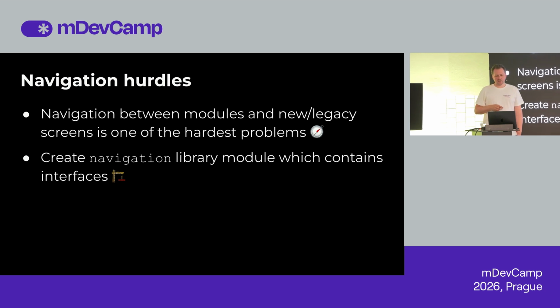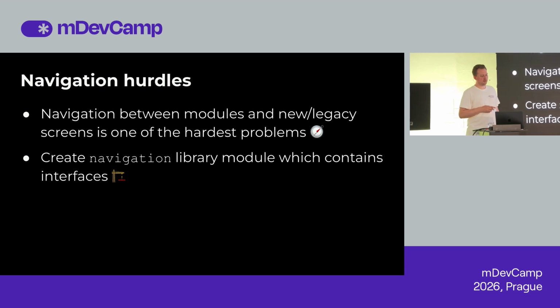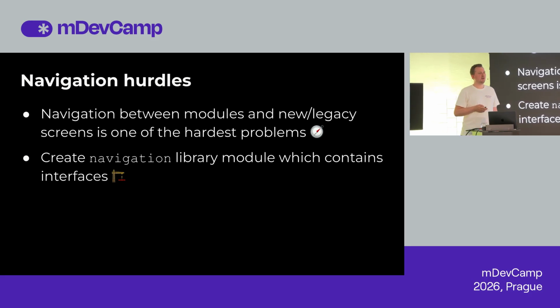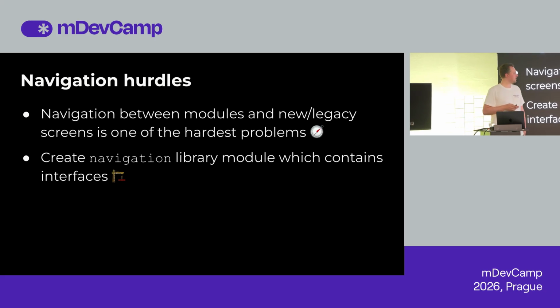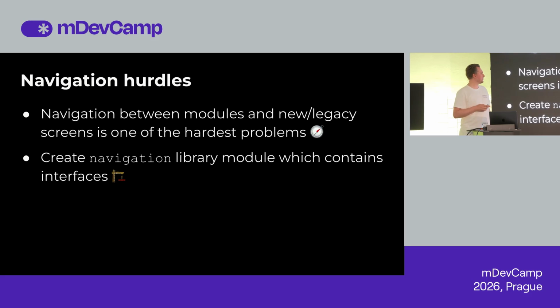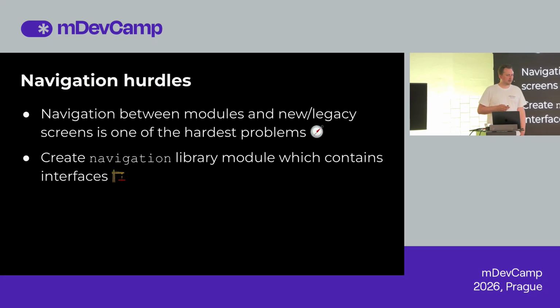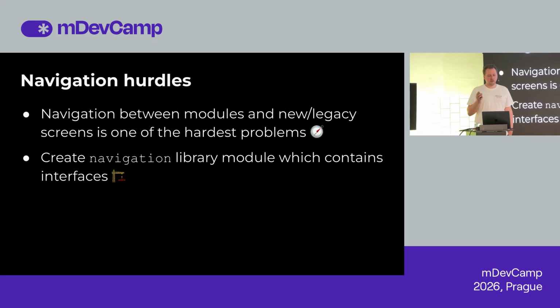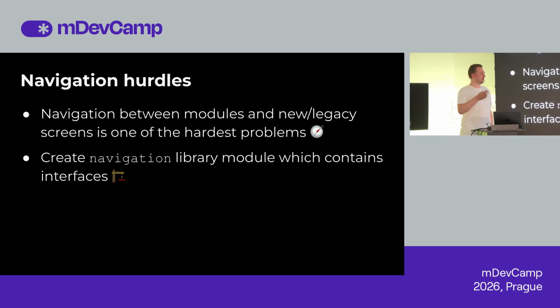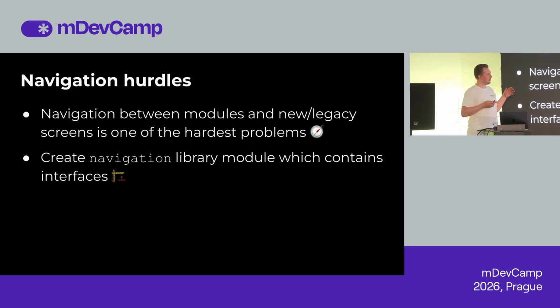So what I found useful is to create one library module, usually called navigation, and it contains just interfaces for all the entry points to the screens, activities, or in Compose. It's hidden under interfaces, and then the interfaces are implemented in the feature modules.